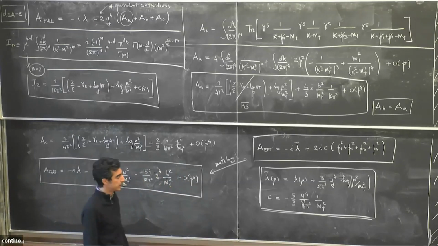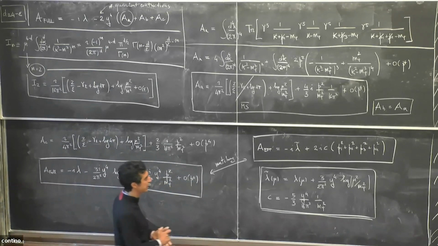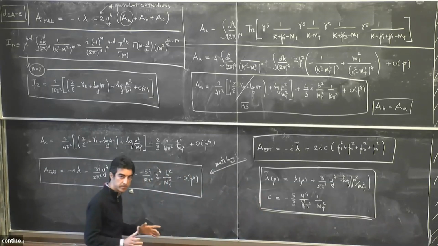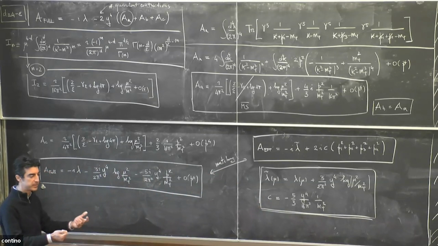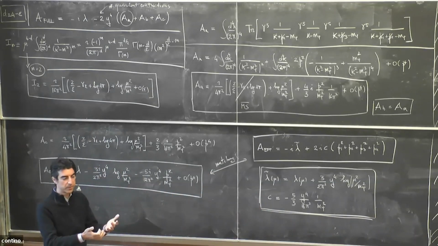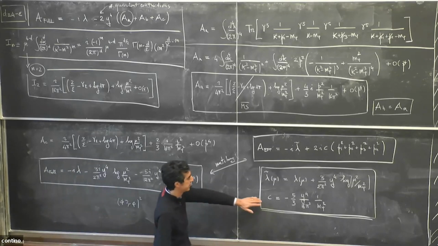Remember? The off-shell matching gives you a value of the coefficients in a certain basis. But then you can use the equations of motion to change basis. For example, instead of writing your Lagrangian in terms of the operator phi d mu phi squared, what is this matching saying?